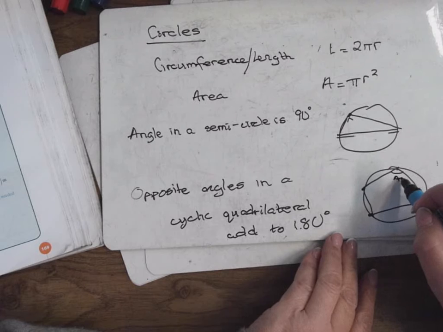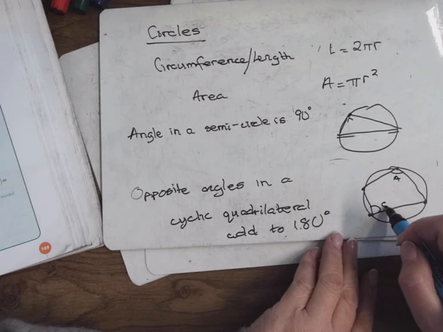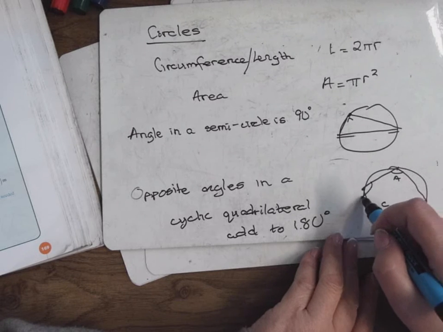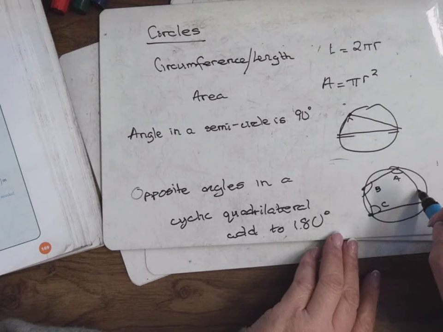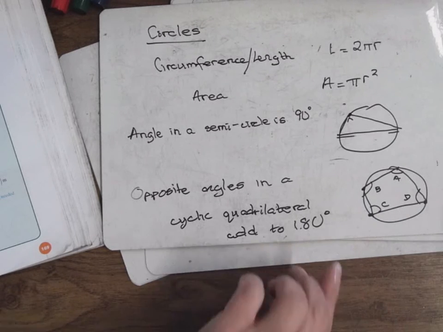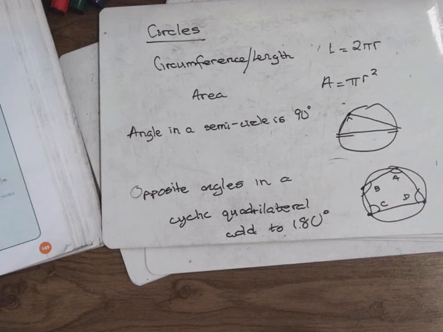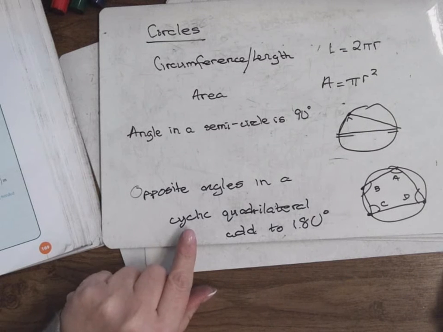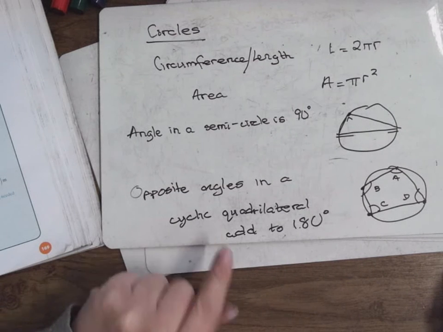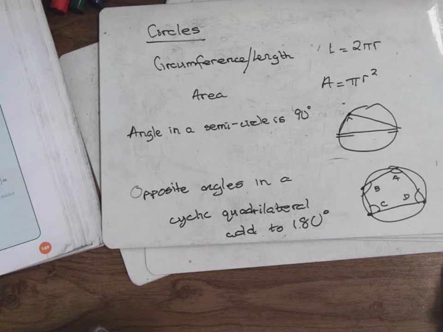So A and C add to 180, and B and D add to 180. Are we good with that? That was a fact you learned in junior cert also. Miss, how do you spell it? Cyclic, C-Y-C-L-I-C. Cyclic just means it's in a circle.